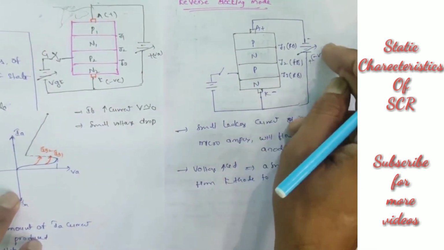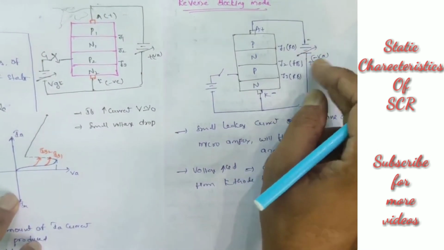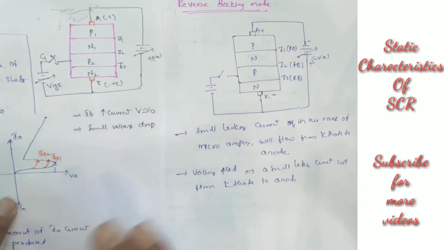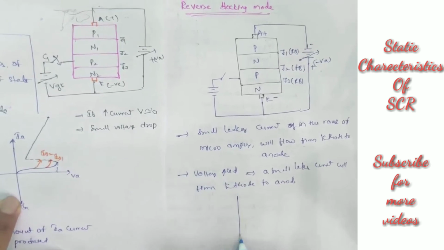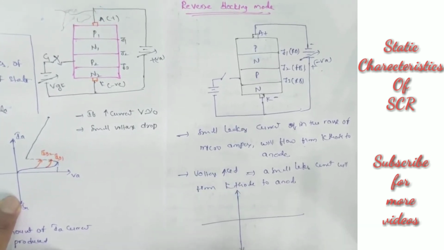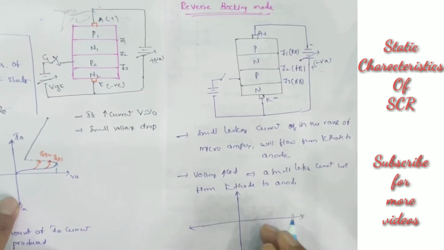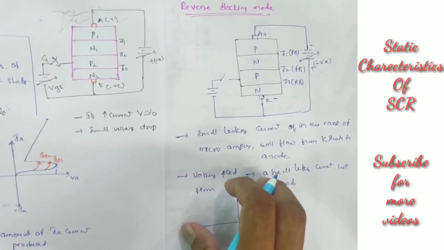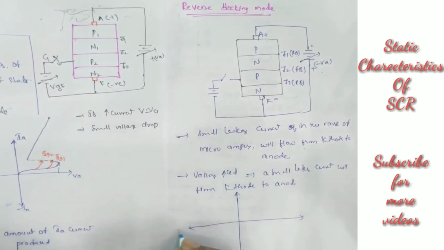The supply is negative, so that is why the current will flow from cathode to anode. We will see it in the characteristics. In the forward blocking mode, we get the characteristics in the positive direction, but in the reverse blocking mode we get the characteristics in the negative direction.